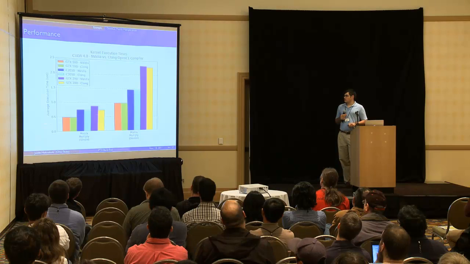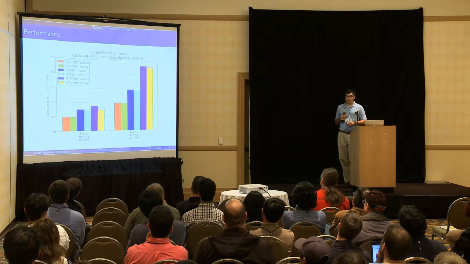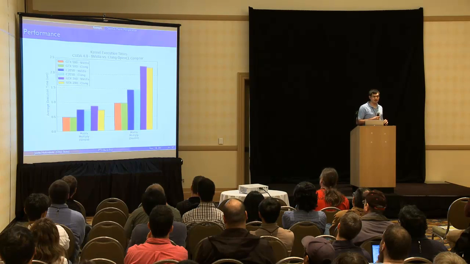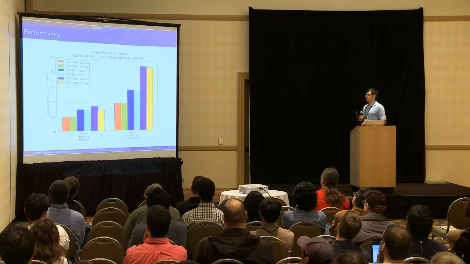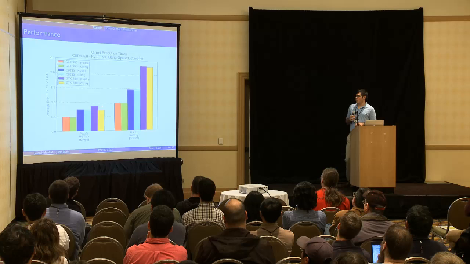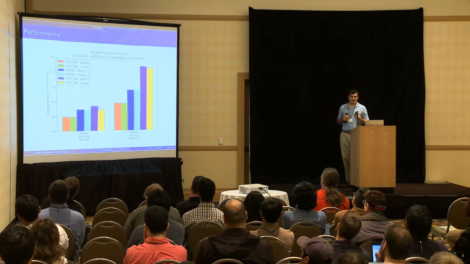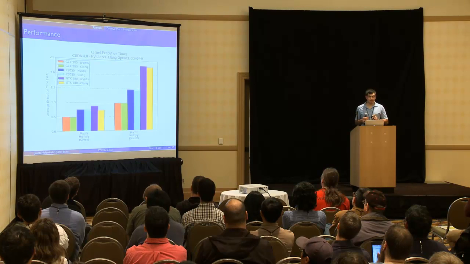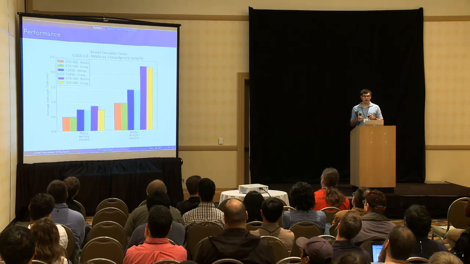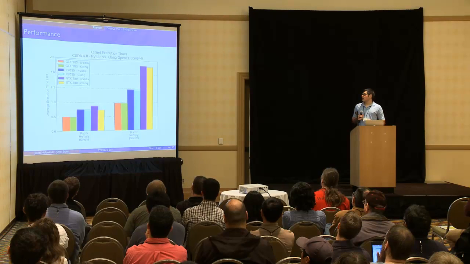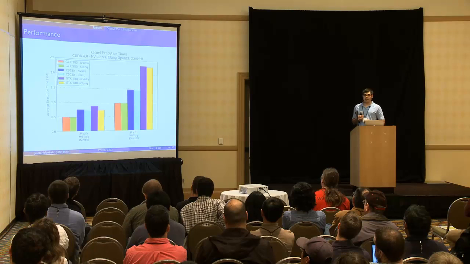The one thing we notice is for the 2 Fermi class cards, the performance is more or less equal. There's no real difference between the actual speed. For the older GTX 280 cards, Clang is actually doing a slightly better job. So here we have average execution time, so lower is better. So the Clang times are a little bit lower.